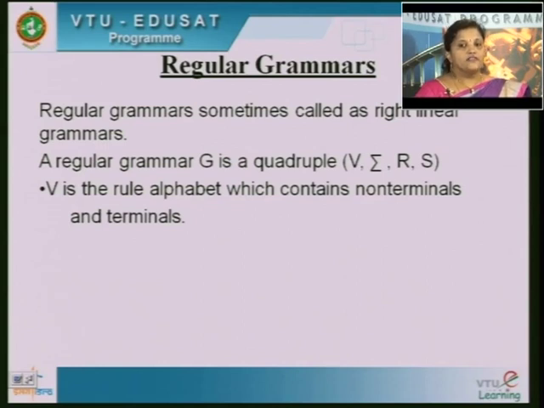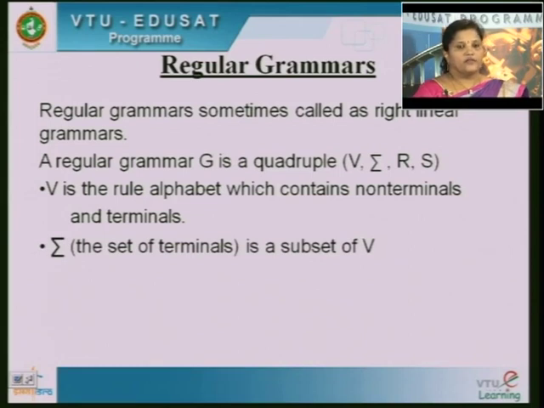Non-terminals are usually denoted with capital letters and they are used in the derivations. To derive any string, we will start with the start non-terminal, and sigma, as we have seen, is an input alphabet.